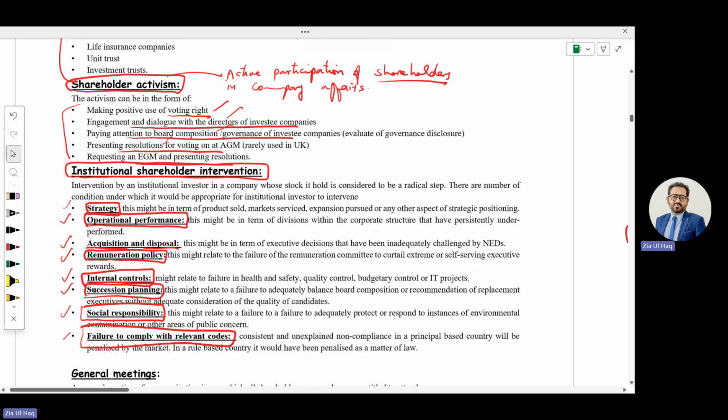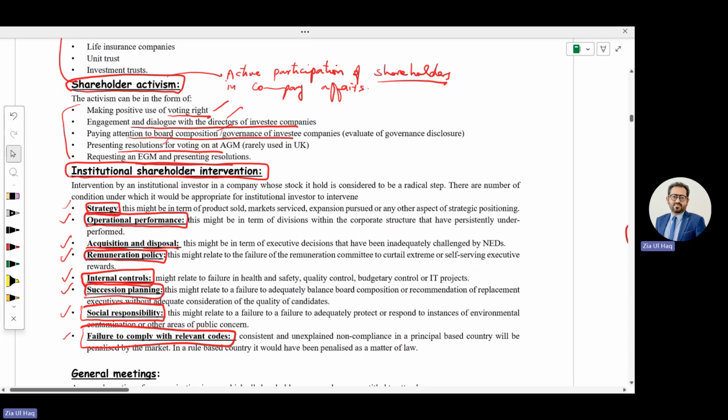And the areas of institutional investors' intervention are strategy making, operational performance, acquisition and disposal plans, remuneration policy, internal controls, succession planning, social responsibility, and compliance with law, regulation, and corporate governance codes.